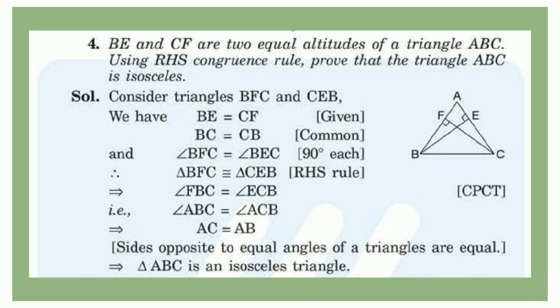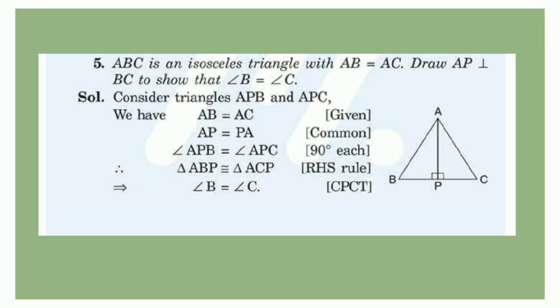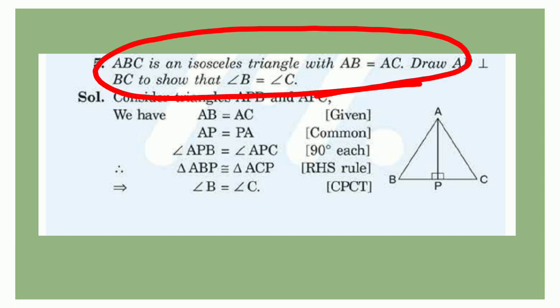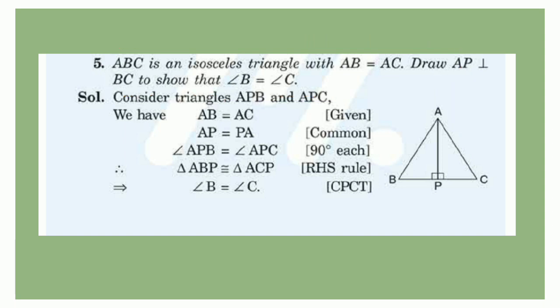The next problem: triangle ABC is an isosceles triangle with AB equal to AC. Draw AP perpendicular to BC to show that angle B equal to angle C. Very simple problem. Here AB equal to AC and AP is perpendicular to BC, which means angle APB and angle APC are both 90 degrees.